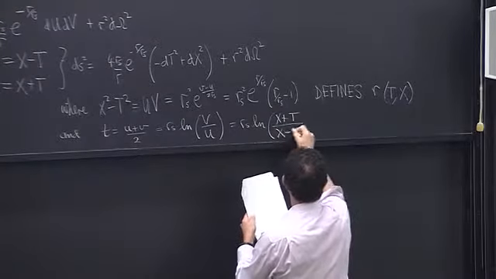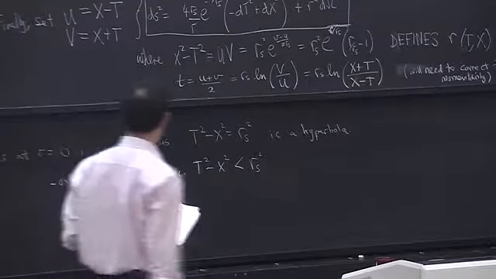So this function here is always bigger than minus rs squared for r bigger than 0. So t squared minus x squared is less than rs squared. Okay, so there's basically an upper bound on this quantity. So x equals 0, the capital T is going to have a limit. And basically, that's when you hit the singularity at some value of t.